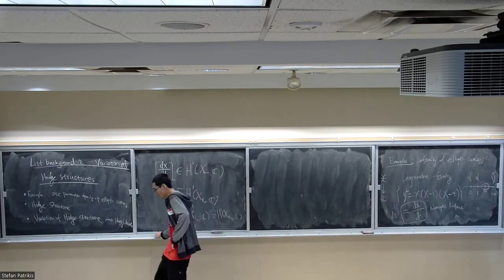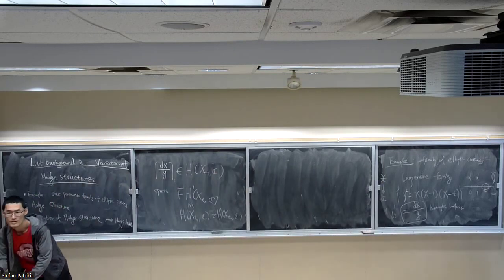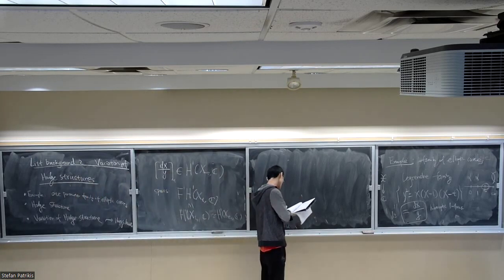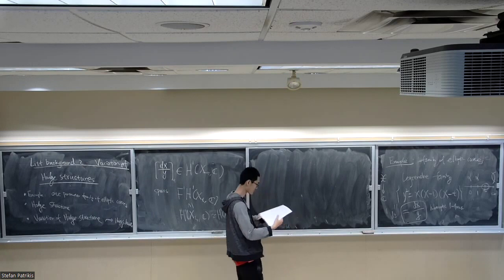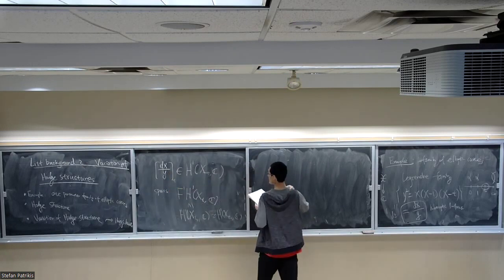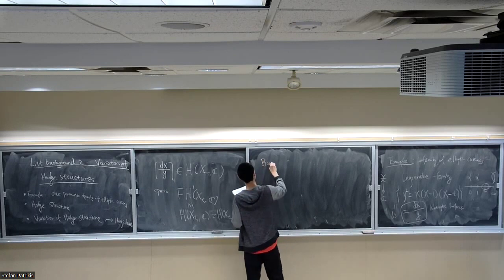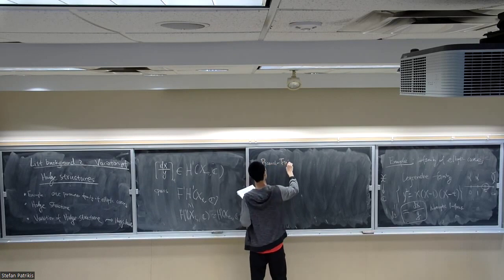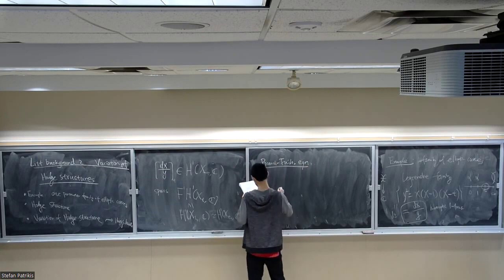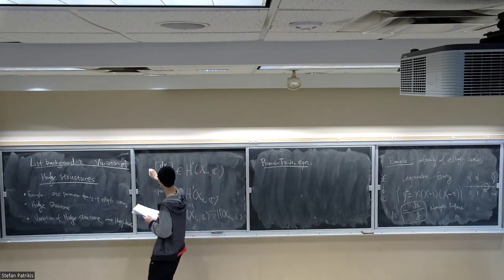So in this case, the Picard-Fuchs equation is a second-order differential equation. If you work it out, it's actually worked out explicitly in Daniel's notes, if you're interested. It is given by, so let's call this omega t.